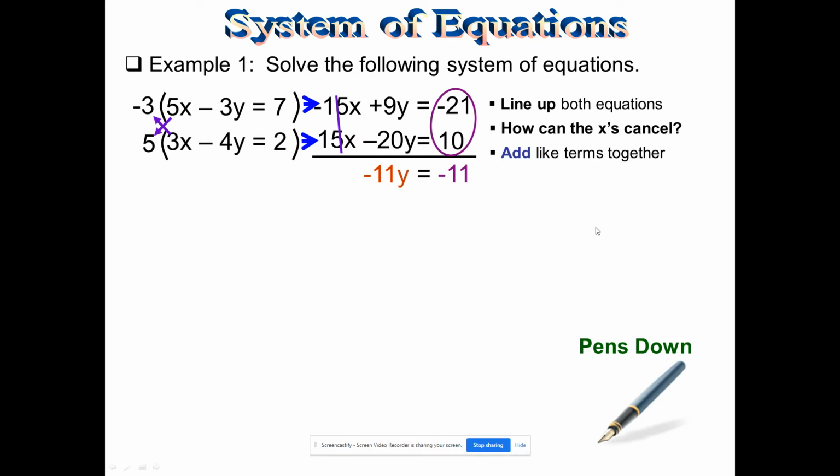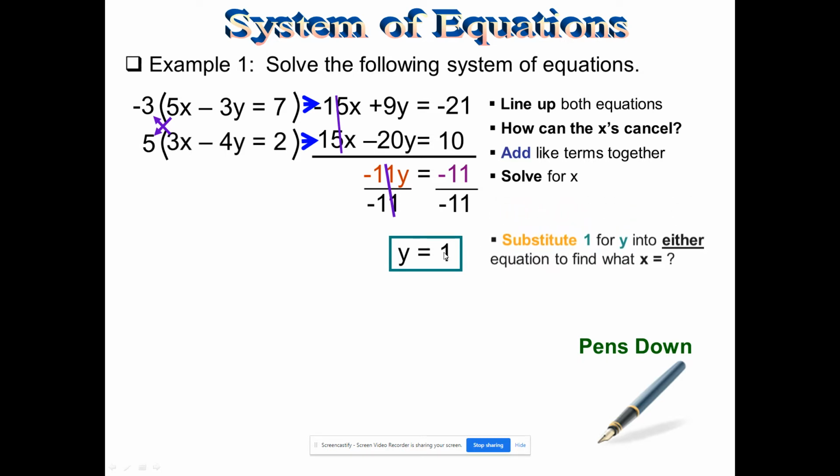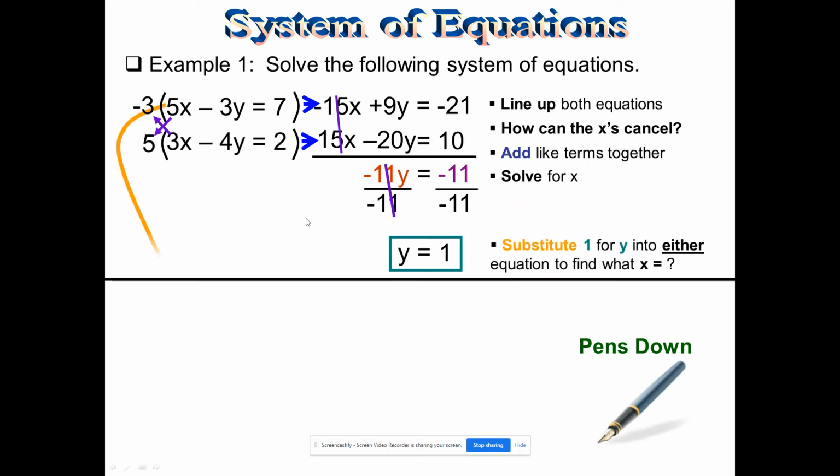Then we can go ahead and solve for y. We'll do that by dividing both sides by negative 11. So y equals 1. So where they intersect, the y value is going to be 1. Then to find the x value, choose one of these equations, it doesn't matter which one, and substitute in 1 for the y value.